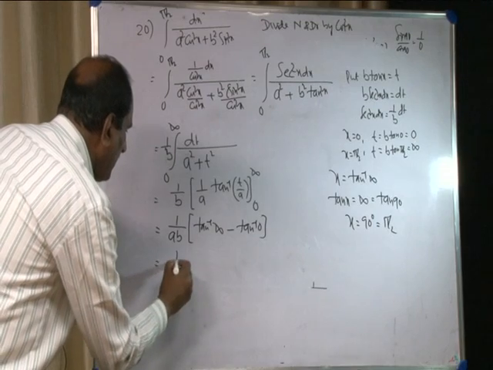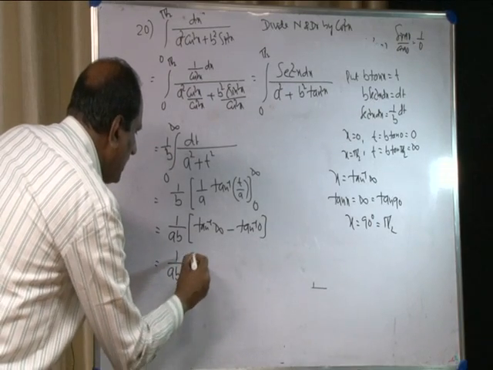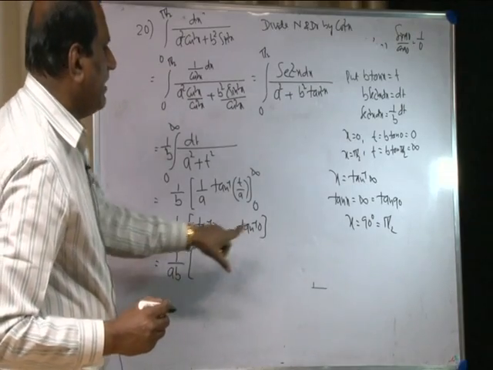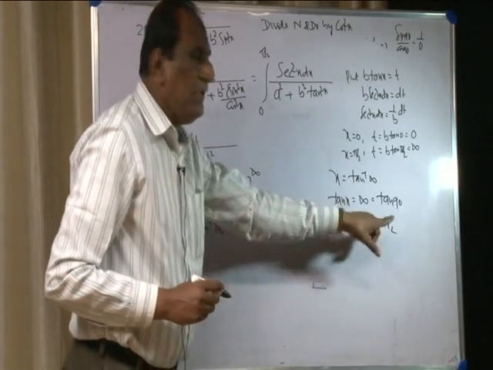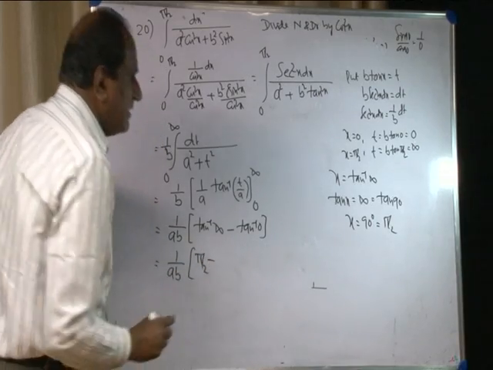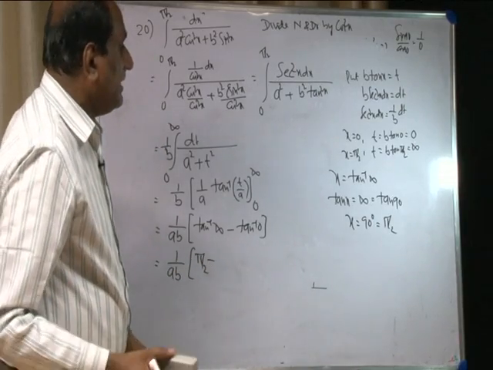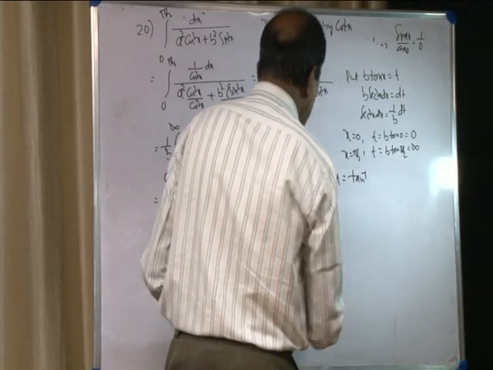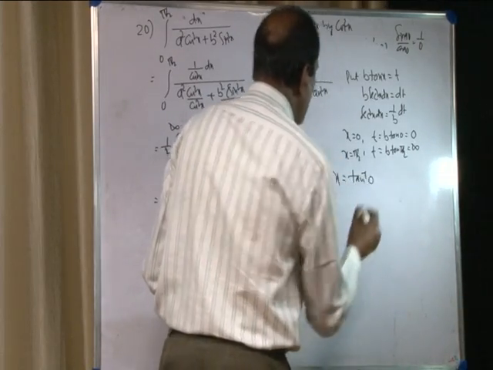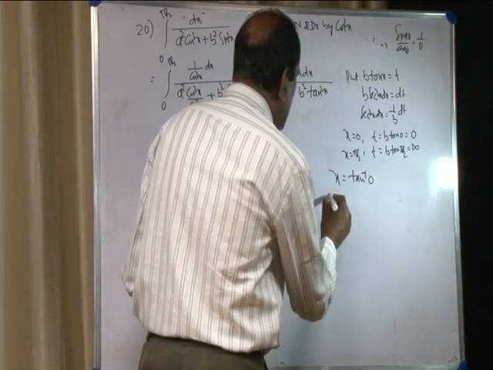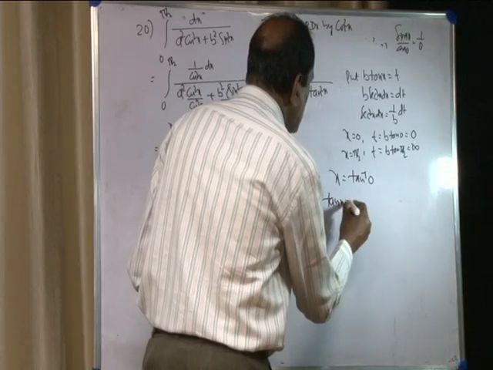So, 1 divided by ab, tan inverse infinity, what is tan inverse infinity? Pi by 2, minus, how to find tan inverse 0? Same thing. So, x is equal to tan inverse 0, or tan x is equal to 0.